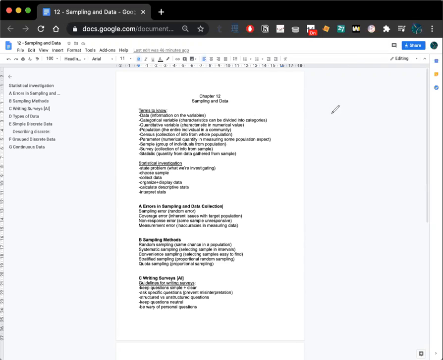If you have a particular category or variable, let's just say the category of cars, then you have the types of cars, maybe we have Toyota, Hyundai, and so on.